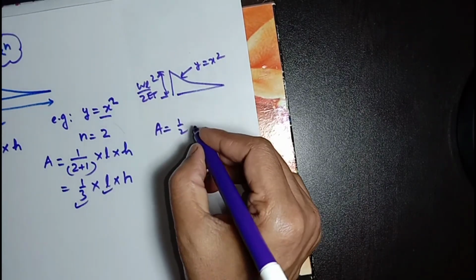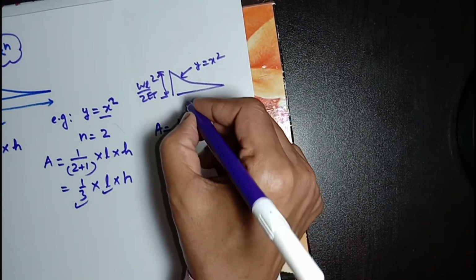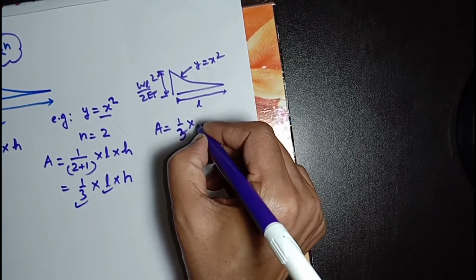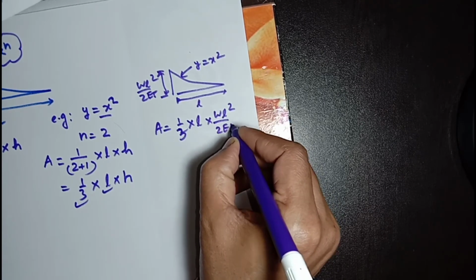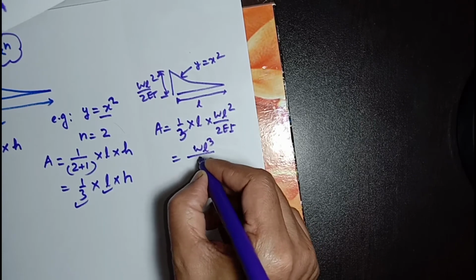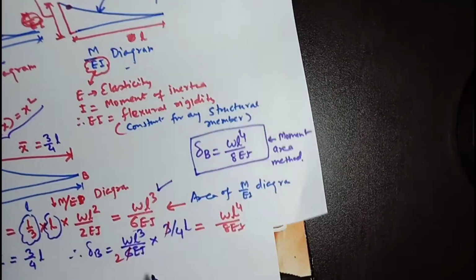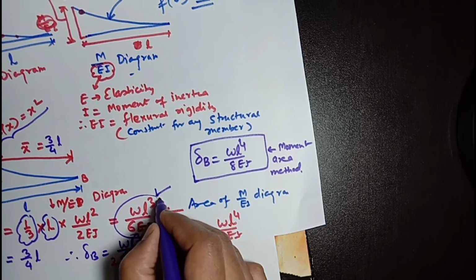So we have taken area as 1/3 of length L into WL square divided by twice EI. So we got WL cube divided by 6 EI, which we have done here. WL cube by 6 EI.